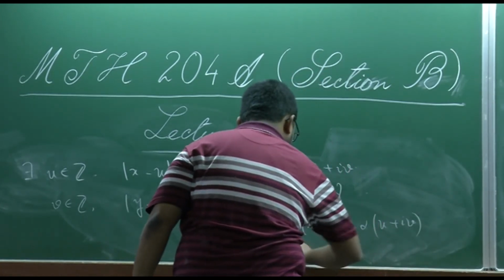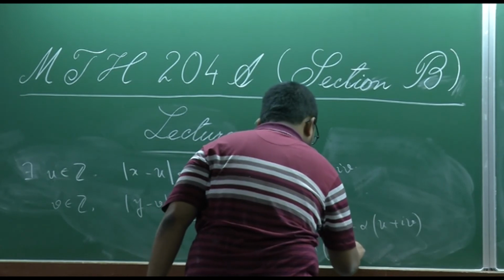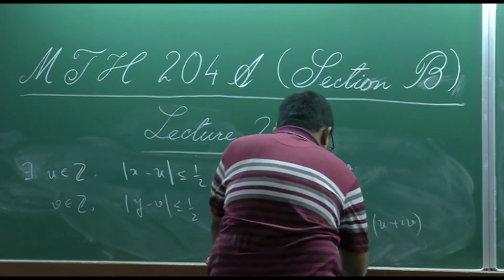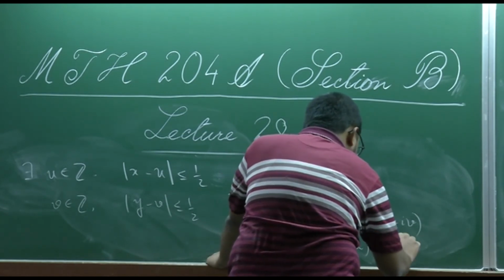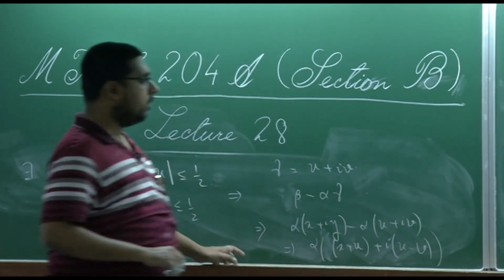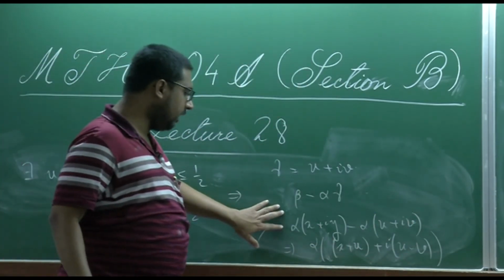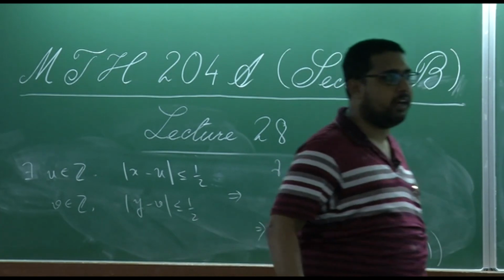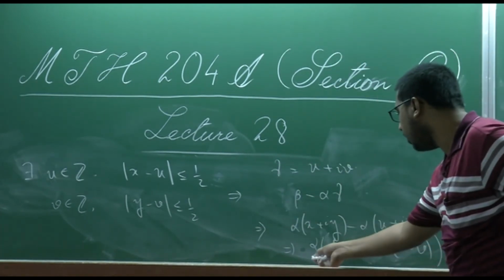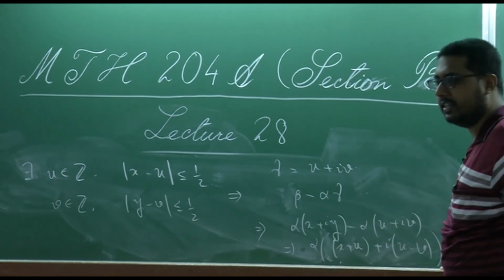So, therefore, everything is alpha into x minus u plus i into y minus v. Now, sigma of this quantity is nothing but a norm square. So, sigma of this quantity will be sigma of alpha times sigma of this.